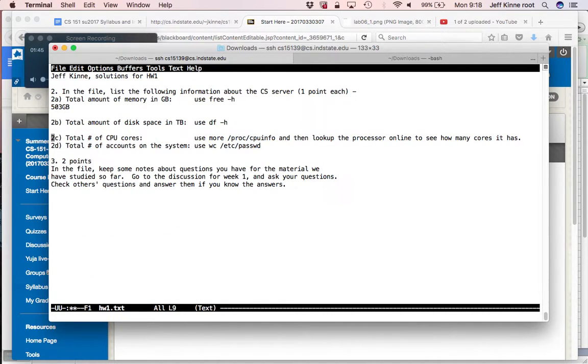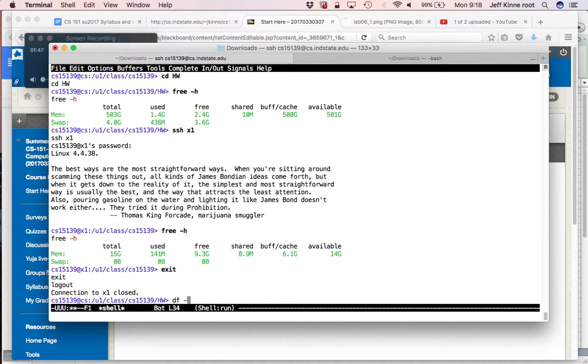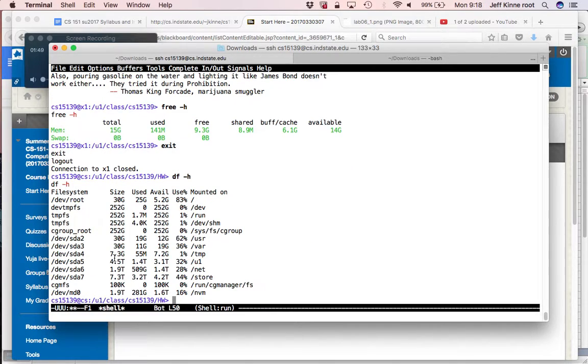Alright, second question, df -h. So this lists all the drives. These /dev/sda things are real physical drives, and these other ones are other things. But what I was looking for was the total of all of this.